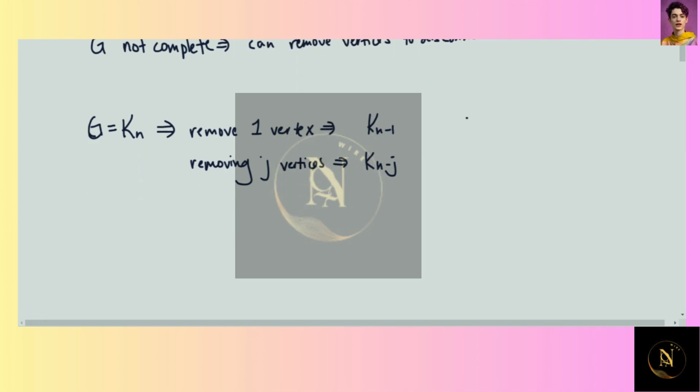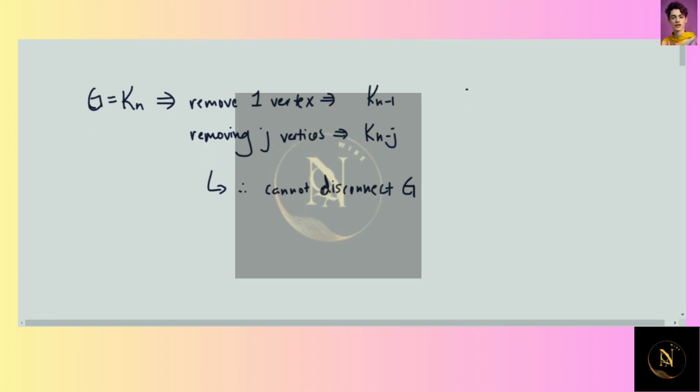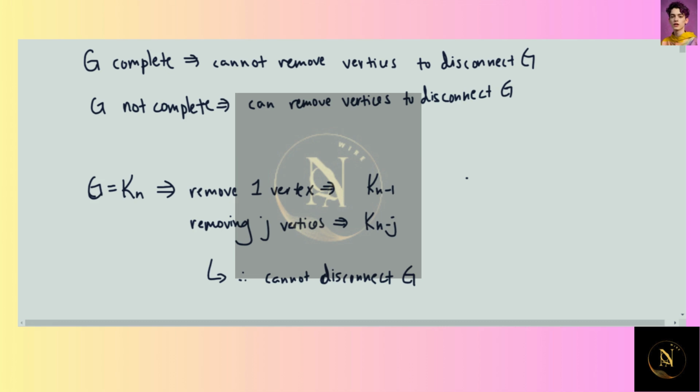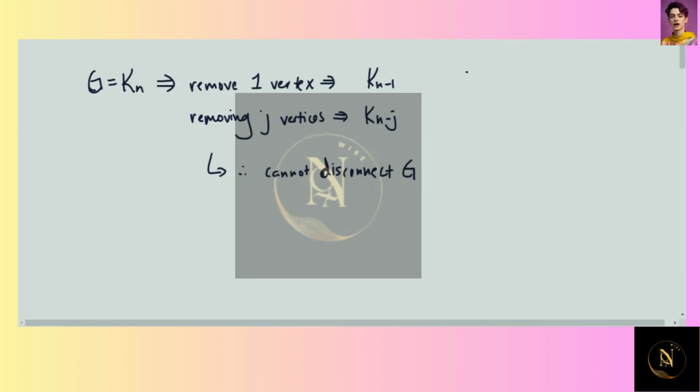In conclusion, we cannot disconnect G by removing vertices, because no matter how many we remove, we will just get a complete graph on the remaining vertices in the graph. So the first part of the statement is complete, right? We've shown that if G is complete, then no matter what vertices we remove, G will always remain connected.